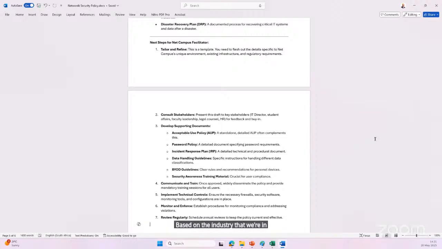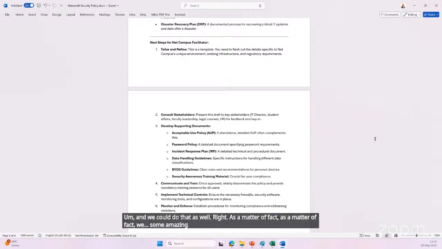Perhaps the industry type was going through a recession. And we could do that as well. As a matter of fact, there is some amazing functionality associated with generative AI. We can ask it to insert a PowerPoint slide that has a list of questions and answers generated based on the content.